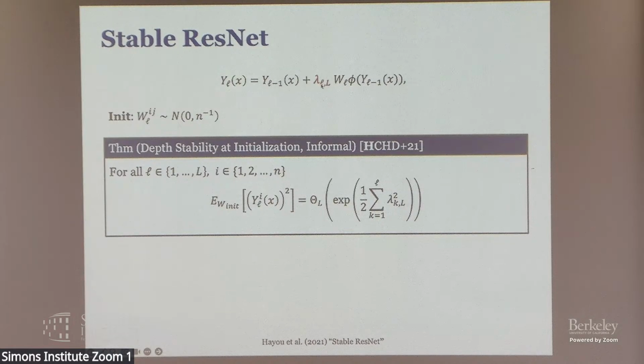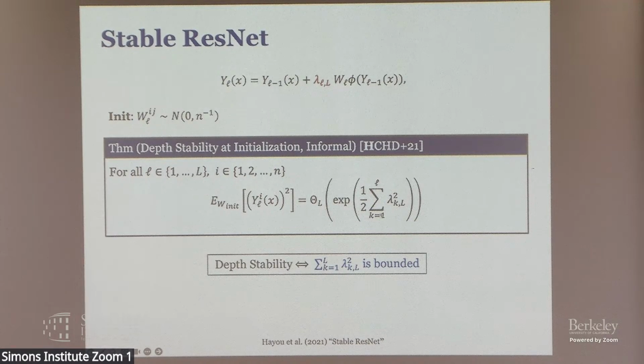From a practical perspective, what this means is that if you want these neurons to be stable as you increase the depth of the network, you just need to make sure that this quantity is stable with depth. So depth stability is equivalent to having the sum of lambda squared bounded as you increase depth. One of the simplest choices for lambda is 1/square root of depth. The sum of the lambda squared in this case is equal to 1, so that's always bounded. It doesn't change as you increase the depth L.